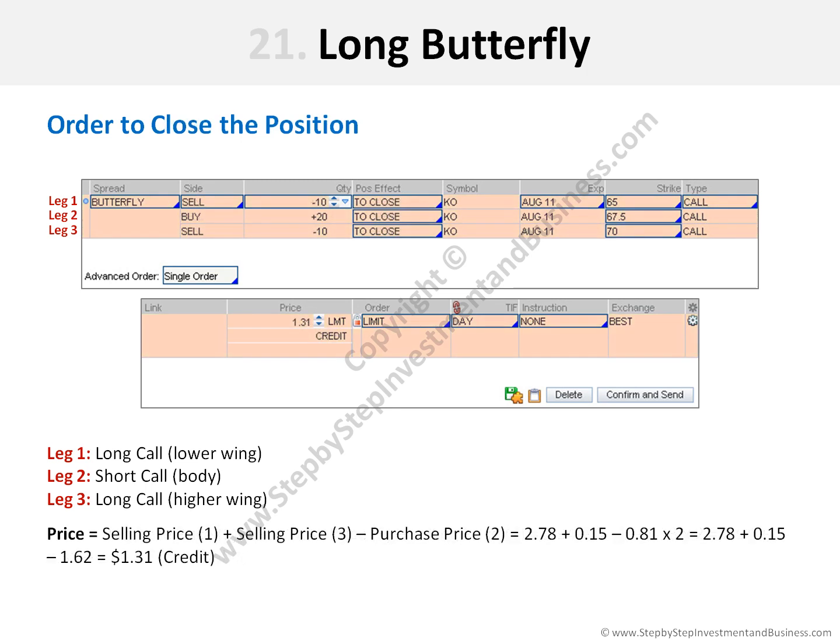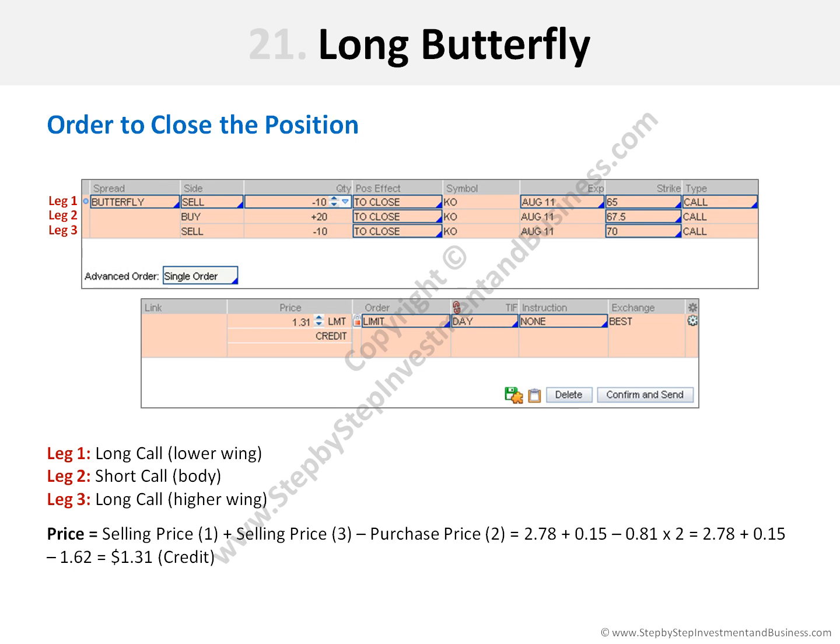On the other hand, here is an example of the order we must enter to close the position. It is an order with 3 legs. Leg number 1 consists of selling the calls of the lower wing. Leg number 2 consists of buying the calls of the body. Leg number 3 consists of selling the calls of the higher wing.